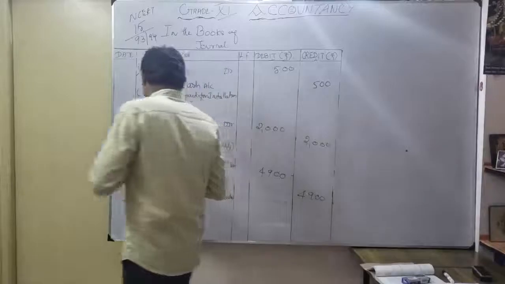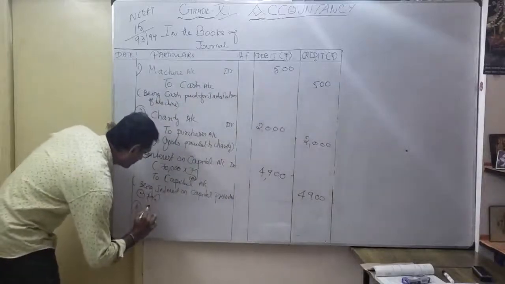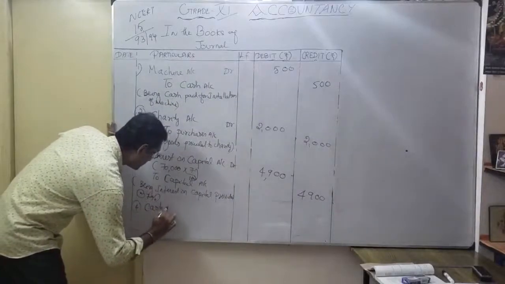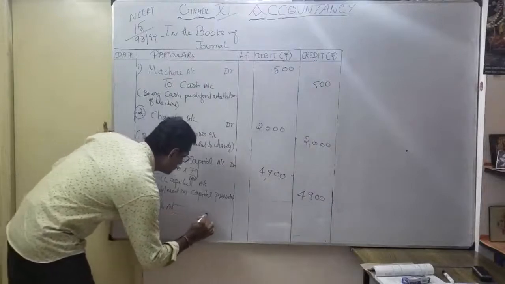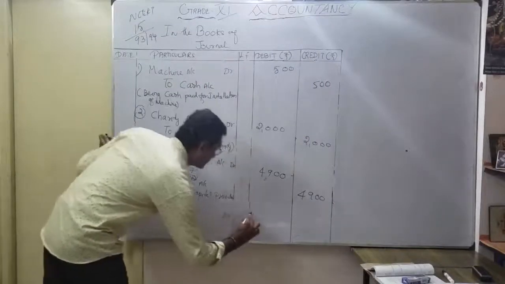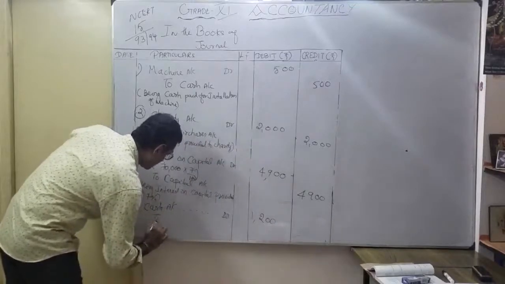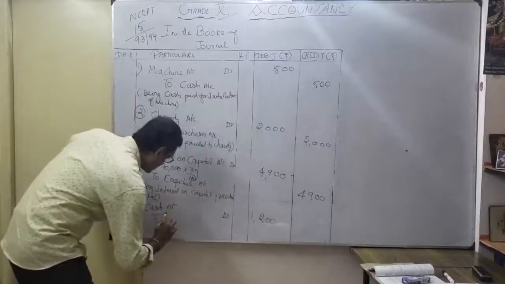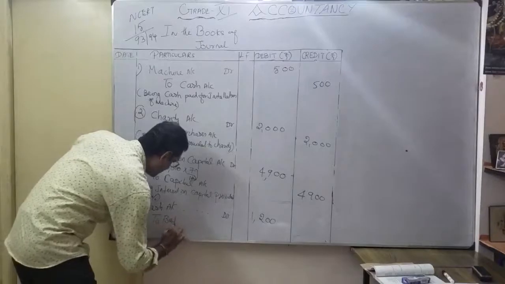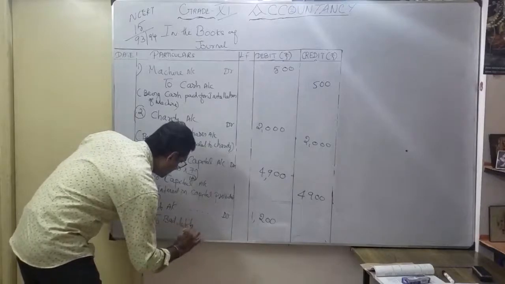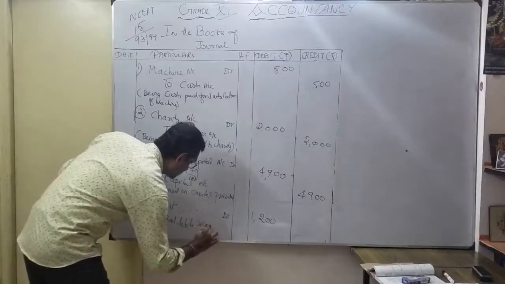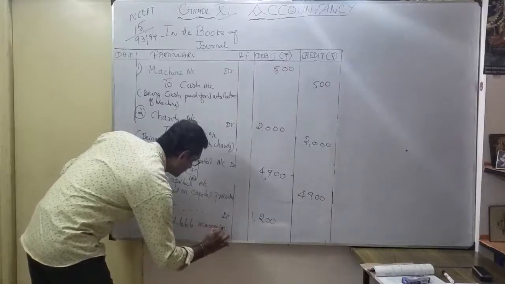So how to write the entry? See here. Simple. Now I got money. So cash account debit. How much? 1,200. To what do I have to write? Bad debts recovered account. Bad debts recovered account.